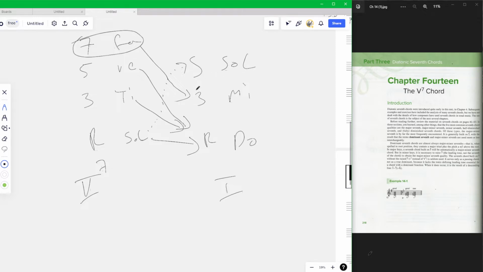And I guess I should mention in 4-part writing, Do would be doubled. So both of these would go to the same Do, and this would go to a different octave Do. Anyway, so yes, we ended up with 3 roots and 1 third. In other words, when we do the voice leading properly and naturally, very naturally, we get a complete chord to an incomplete chord.